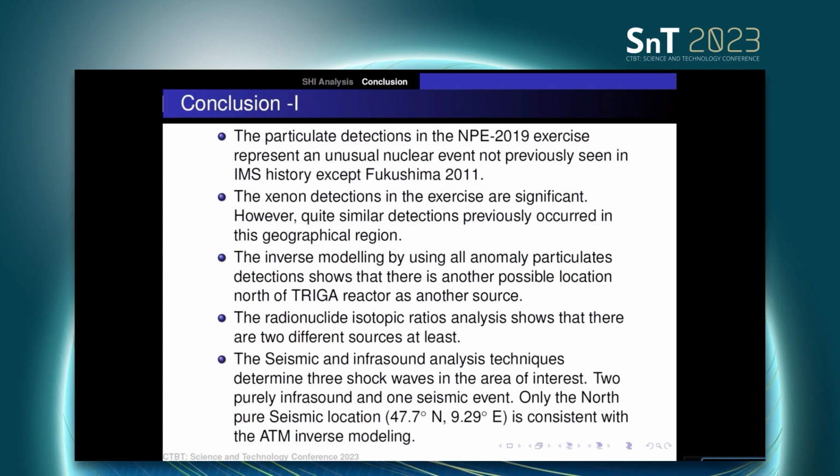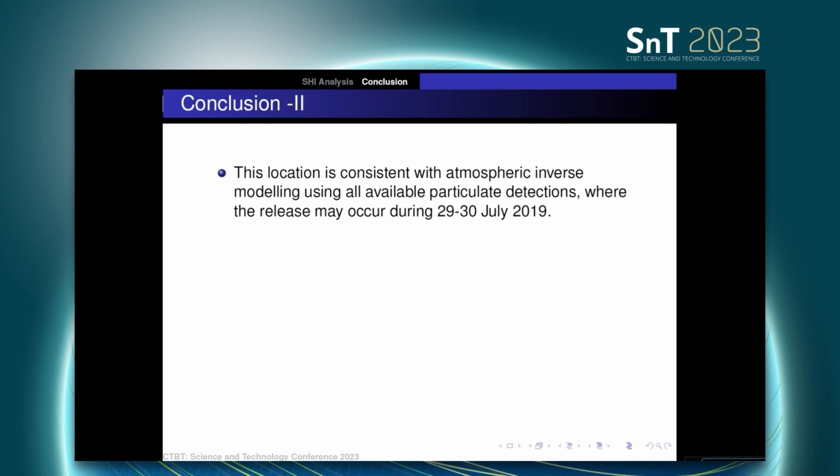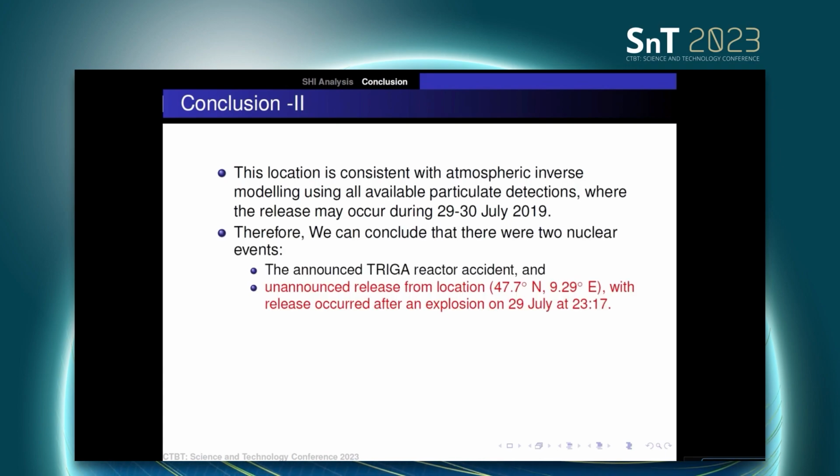The seismic event and infrasound technique determine the shock wave in the area of interest. Two are purely infrasound, one seismic. Only the north seismic location is consistent with atmospheric inverse modeling using all available particulate. So our solution is that we have two locations.